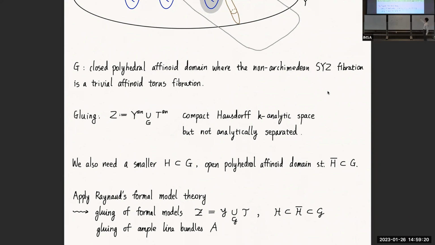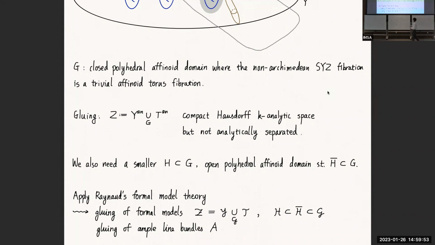So the gluing can also be done at the level of formal models, and then we can also glue the line bundles. But we cannot glue them everywhere, because if we could glue line bundles on the generic fiber, that would just show the generic fiber is projective.